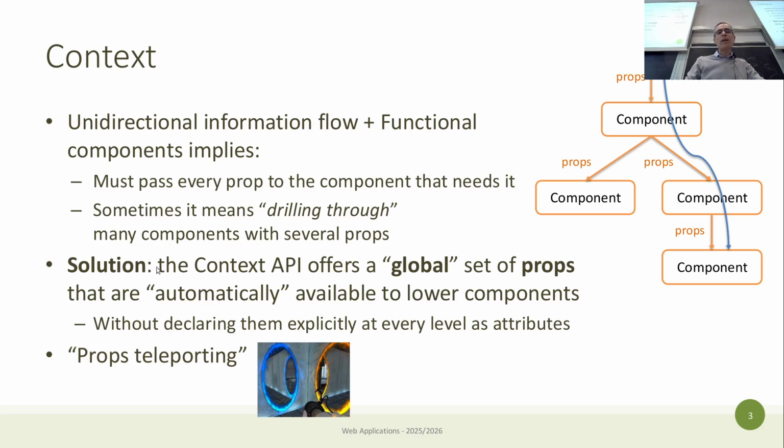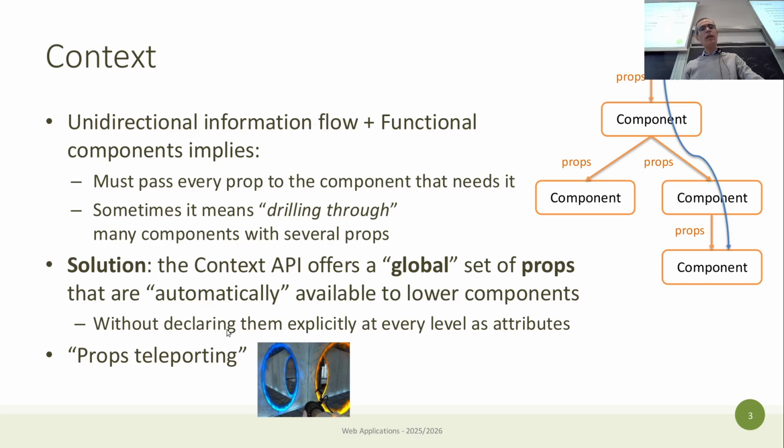So the context API that is provided by React offers a global set of props that are automatically available to lower components in the tree. Okay? So at a certain point we say this component has a context, so it provides a context, and all the children at any level below this component will have these props available for use.